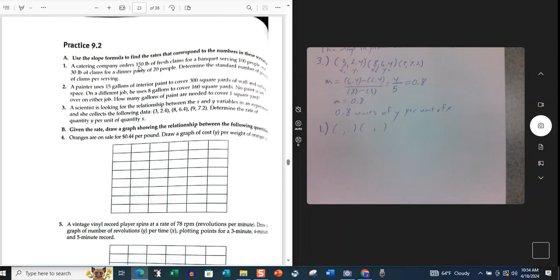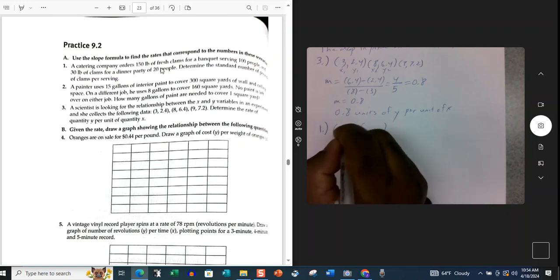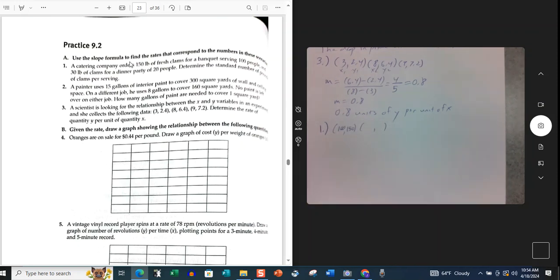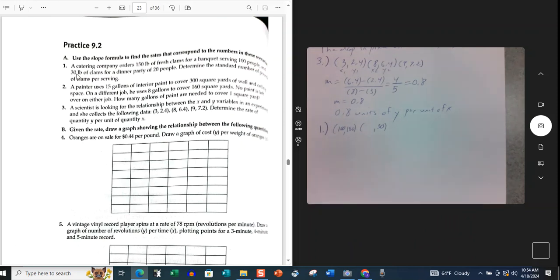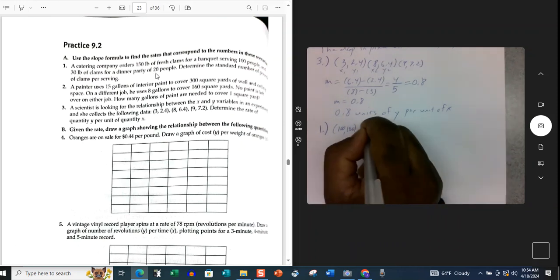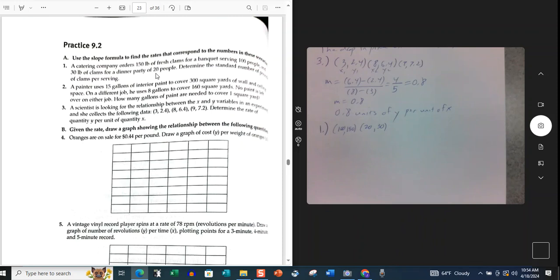So when we write this out, remember, Y is always second. So even though the 150 pounds came before the 100 people, the 150 pounds would be second and the 100 people would be first. And the same thing here. The 30 pounds would be second and the 20 people would be first. That's how number 3 helped, because it tells you that Y goes in the ordered pair second, and then the X goes first.